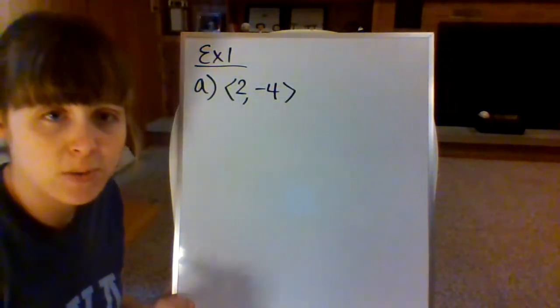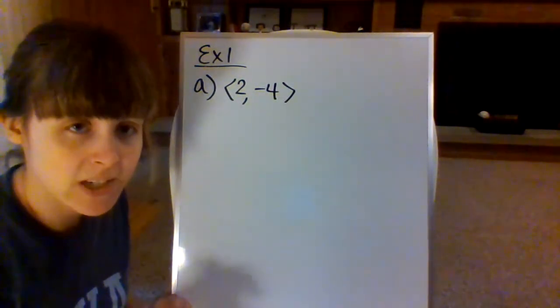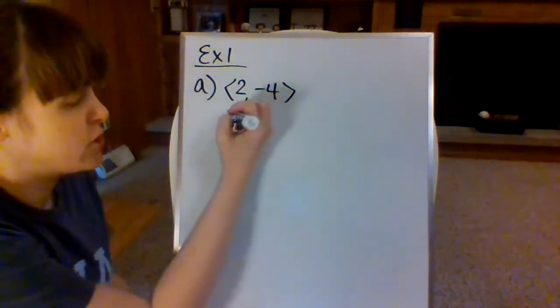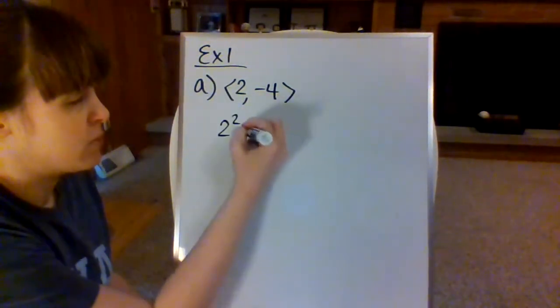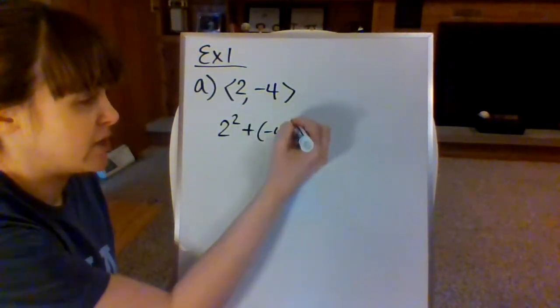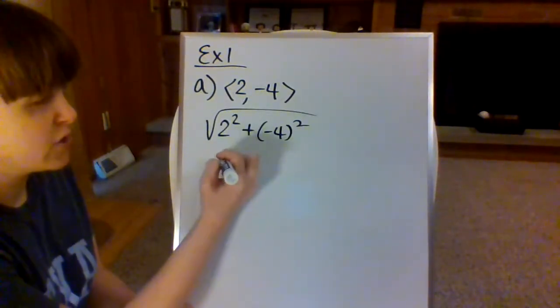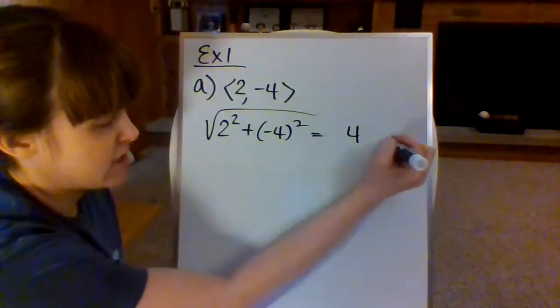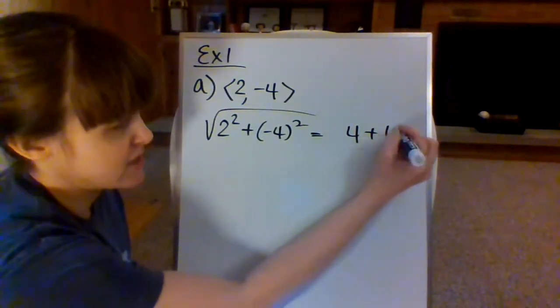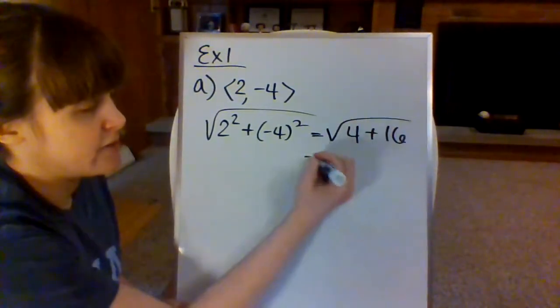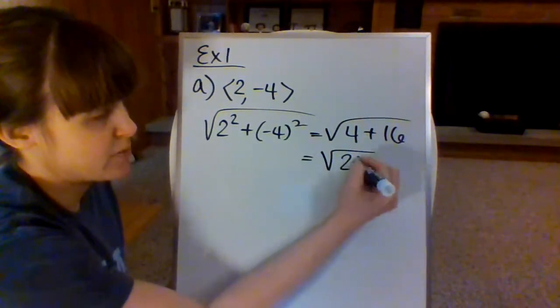So we're going to square each component and add them together. So 2 squared plus negative 4 squared, and then we're going to take the square root of that. So 2 squared is 4, and negative 4 squared is 16. And if you take the square root of that, that's the square root of 20.